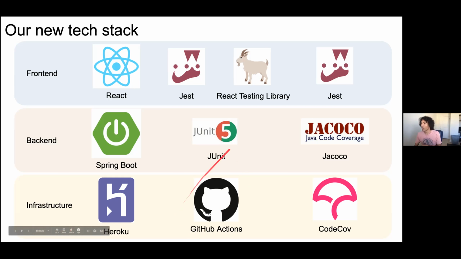And on the right here, we have our code coverage tooling. So Jest makes an appearance again, and Jacoco, for JavaScript and Java respectively. And we have Codecov at the bottom to serve as our online repository for all of the coverage reports that get published by GitHub Actions.